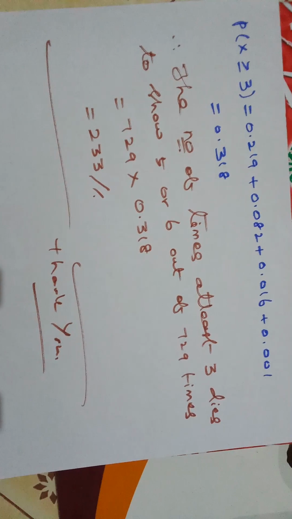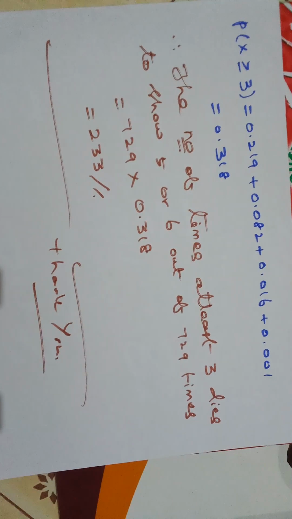Now go to simplify and substitute. We got 0.318. The number of times at least 3 dice show 5 or 6 out of 729 times. What do you mean by 729? It is capital N. So capital N into P of x greater than or equal to 3, that is 0.318.